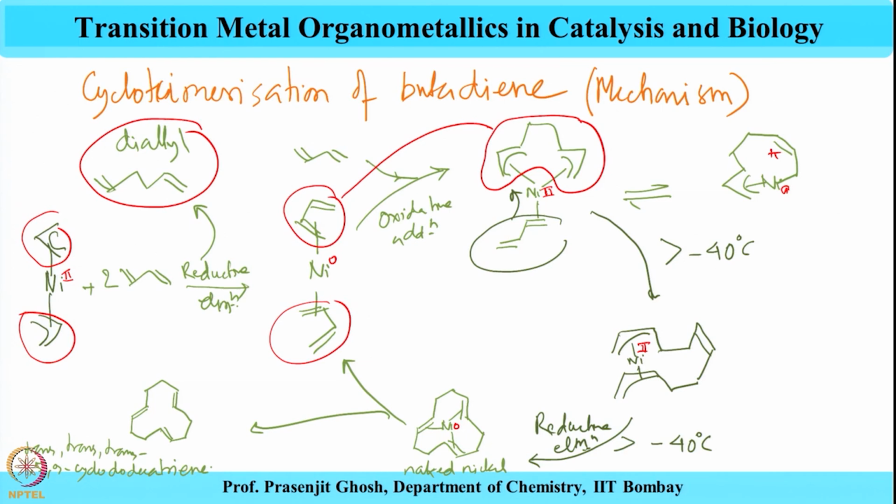This gives cyclododecatriene, and this butadiene, two of them then enters the catalytic cycle.